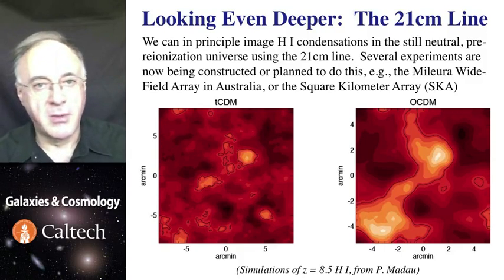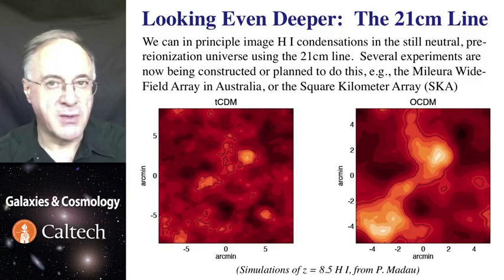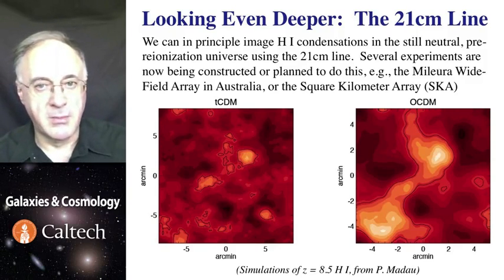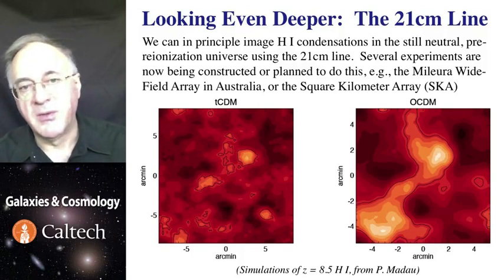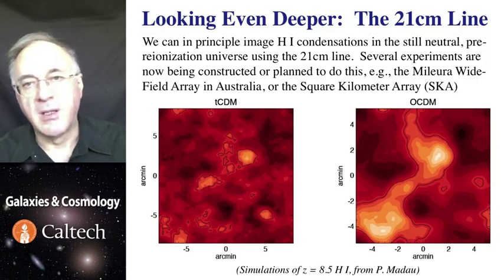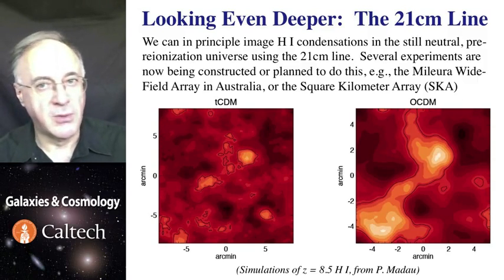And there are radio telescopes and experiments being developed to try to detect precisely this. So far, it's too early to actually expect any detections, but within the next several years or 10 years, everybody thinks that we will actually be able to observe these proto-galaxies before they even made stars using the 21 centimeter line of neutral hydrogen.